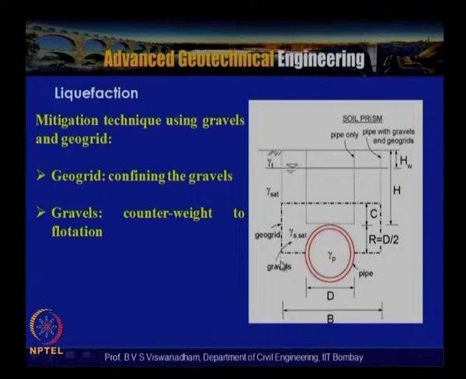There are also techniques tried in the literature, like using synthetic materials like geogrid as straps intermittently at certain spacing, to prevent pipe flotation issues. In this particular slide, a typical mitigation technique uses gravel and geogrid, where a gravel counterweight confined by geogrid is used to counter the flotation at the onset of liquefaction.